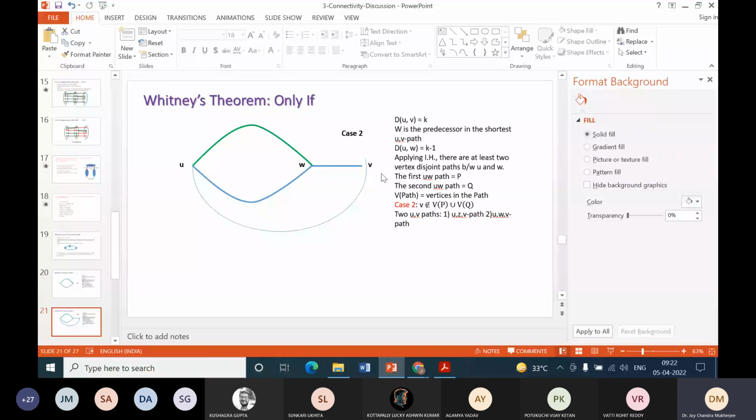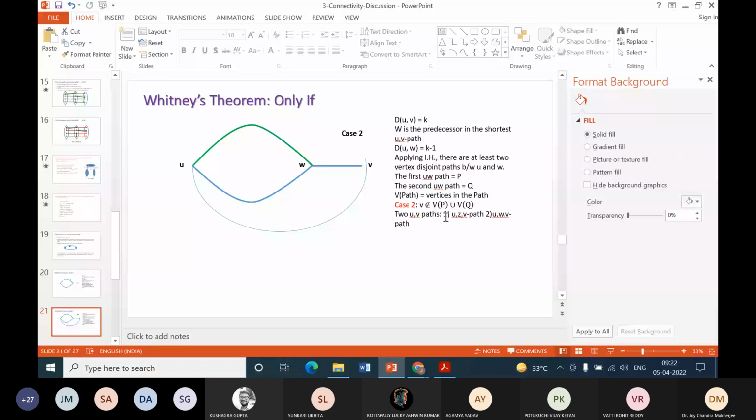Now it may so happen this R is totally vertex disjoint from these two paths, P and Q. In that case, we can say that between U and V, we have two vertex disjoint paths. One is UWV, another is this path R itself. Okay. So here basically two UV paths exist.